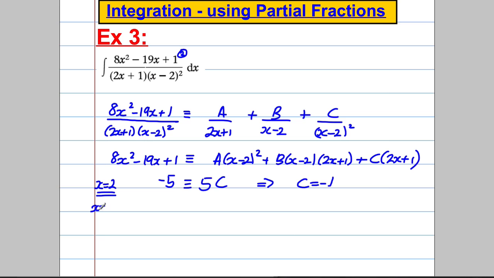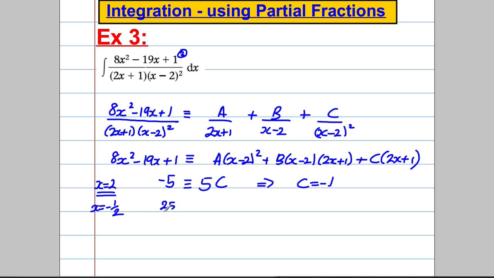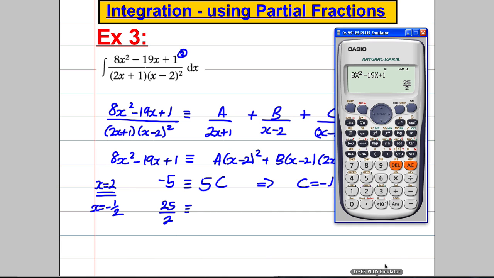Okay, what else could I put in? Well, I could put in x is negative a half. Why? Because that would disappear and that would disappear. So if I press calculate and I put negative 1/2 like that, I get 25 over 2. So 25 over 2 here would be equal to, when I put a negative half in there, negative half take away 2, I get negative 2.5, and if I square that, 2.5 squared, I get 25 over 4.